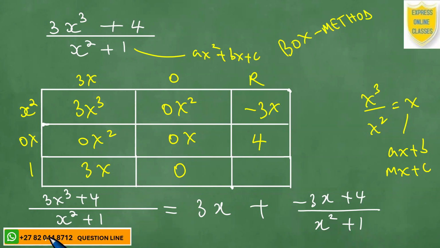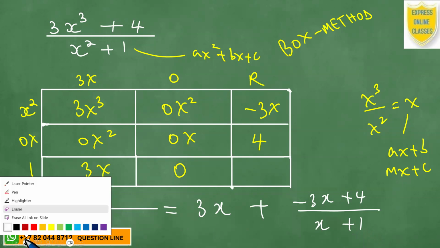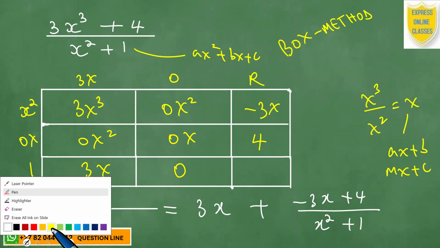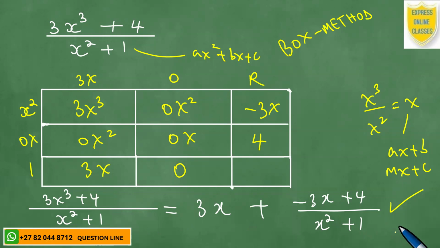So that is exactly what we are able to achieve. And this here in front of us is the result after the polynomial division. And so we are done with the polynomial division.